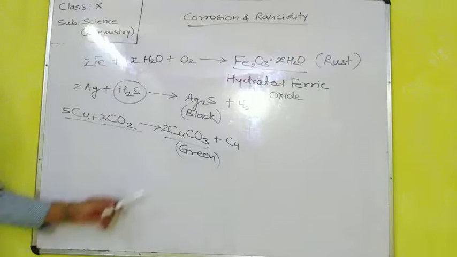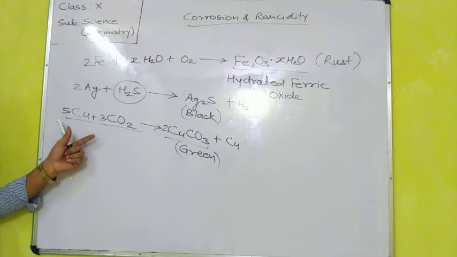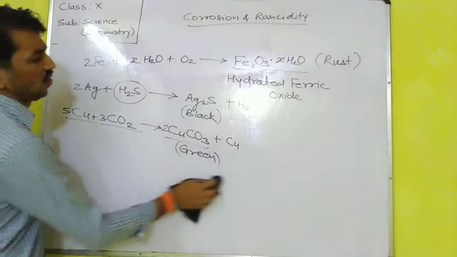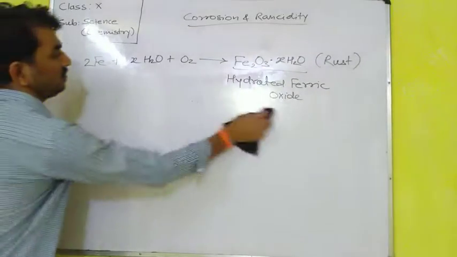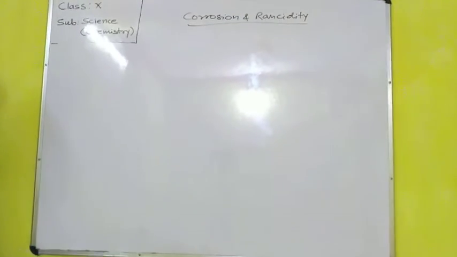The Statue of Liberty is an example of corrosion of copper metal. So what is corrosion? Corrosion is a process.